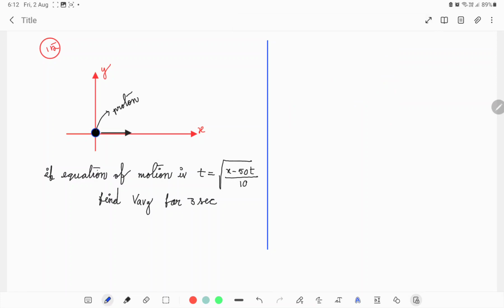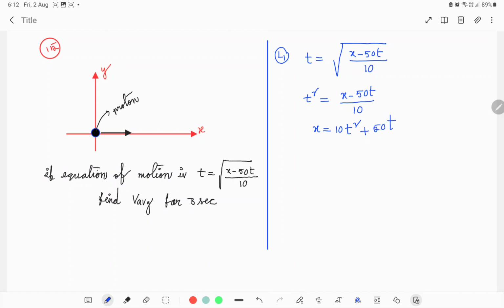So, logic number 1. The given equation is t = √((x − 50t)/10). Therefore t² = (x − 50t)/10, so x = 10t² + 50t.